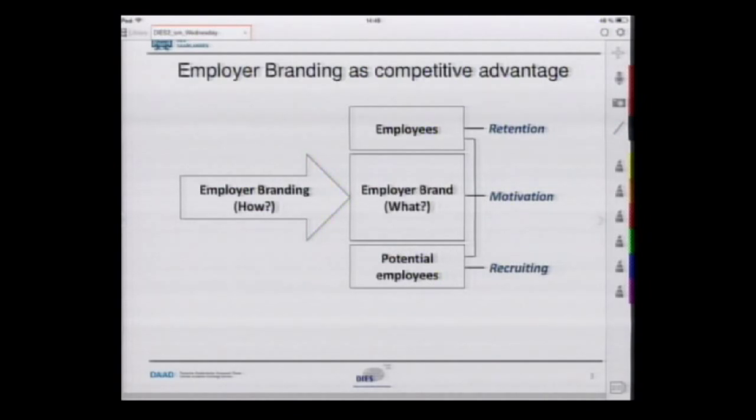So what is an employer brand? Question to you. What is an employer brand? What do you think? What goes in there? The philosophy behind the institution.